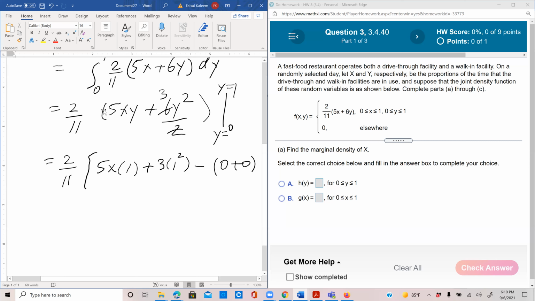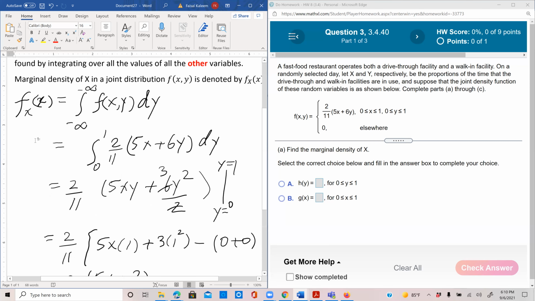Because when you put y is equal to 0, this part is 0, and this y squared part is also 0. Okay, so this is now 2 over 11, 5x plus 3. And it's a function of x.